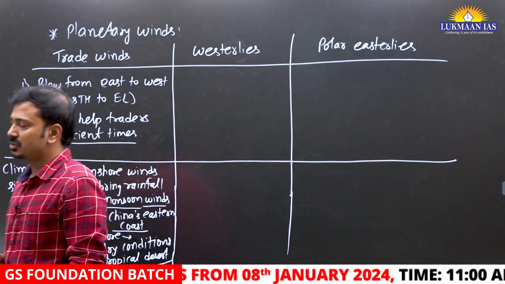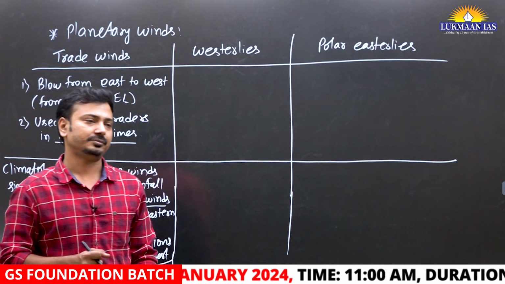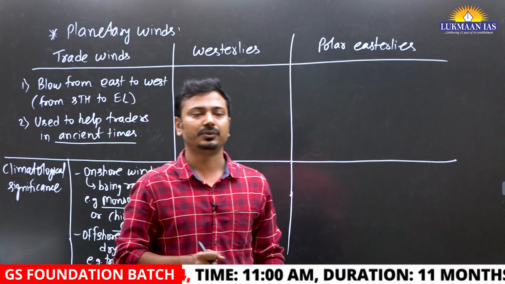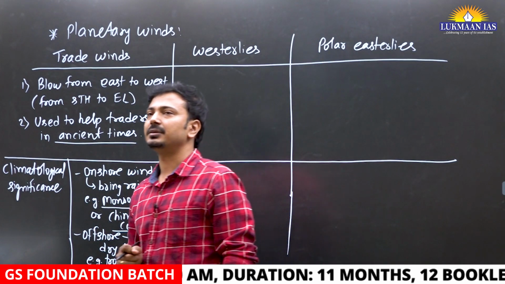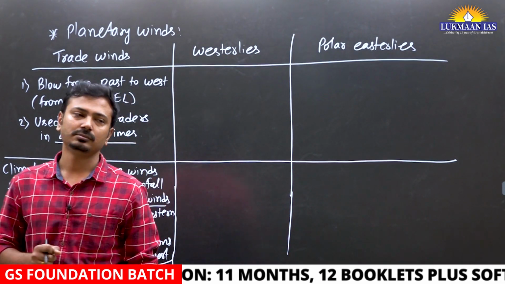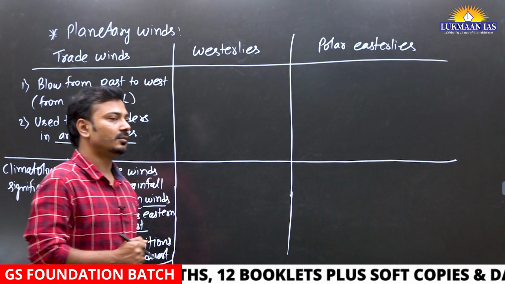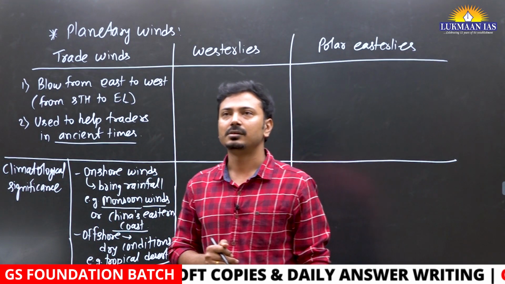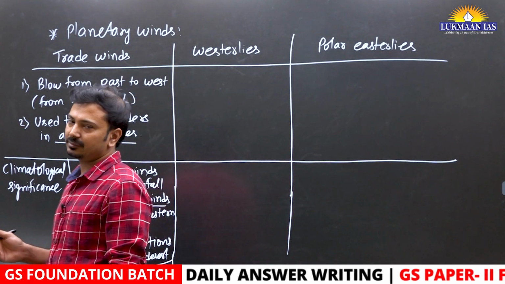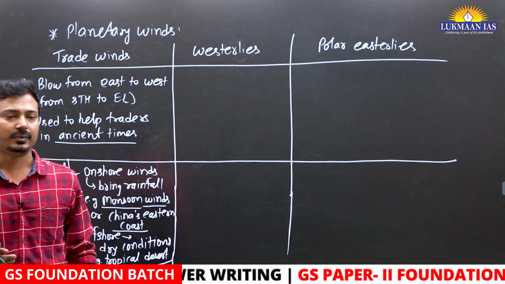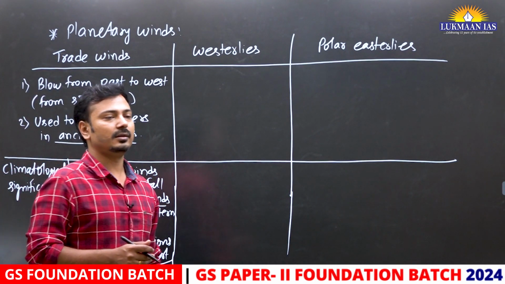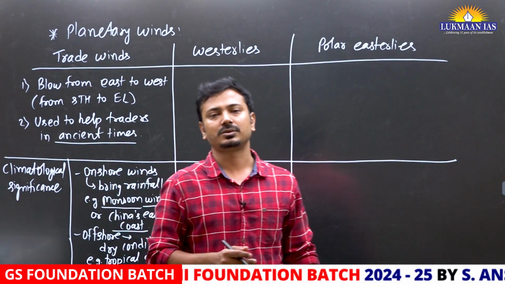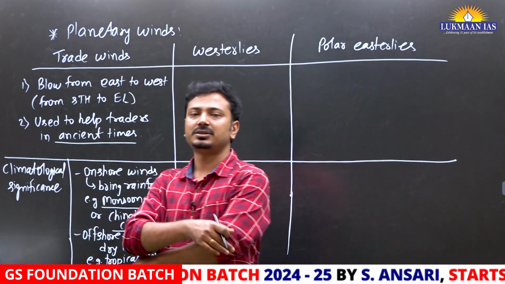Then we have Mojave in USA, western USA, southwestern USA, Mojave Desert. Most of these are located at 20 to 30 degrees, right? And on the western coast or western margins of continents.